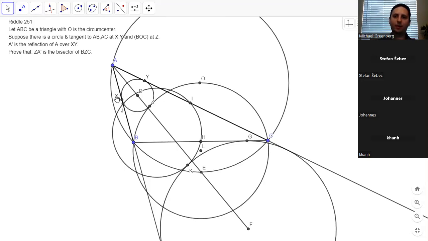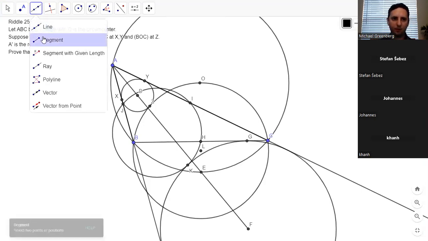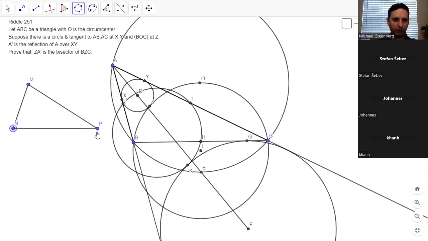What is Protassov lemma? Okay, so let ABC be a triangle with incenter I, and then you take an arbitrary circle passing through B and C. Wait a second, let me just summarize it. So you have an arbitrary circle through these points.